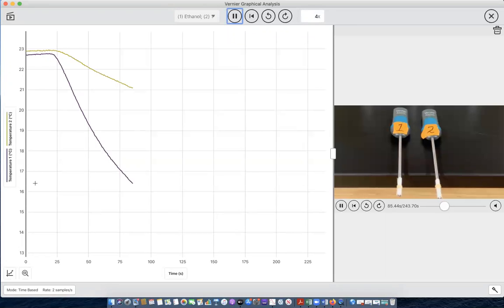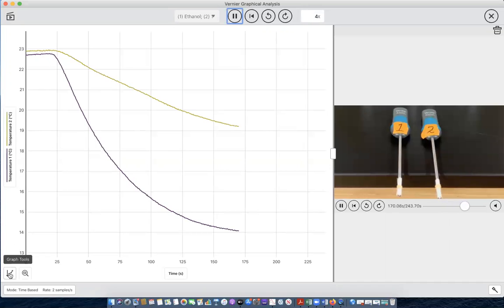To help us correlate those, on the left-hand side, it says that temperature 1 matches up to this dark purple-blue color, and temperature number 2 matches up to the yellowish-green line. Remember, number 1 was the ethanol, and number 2 was the 1-propanol.